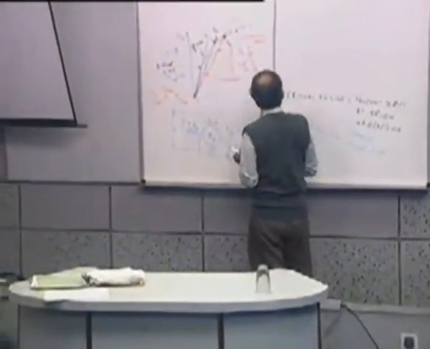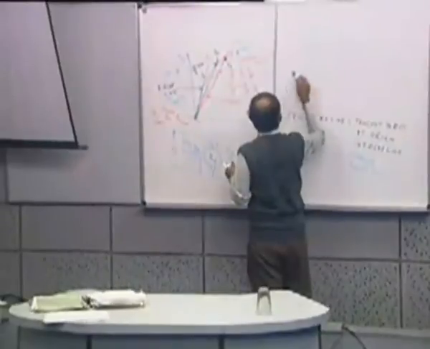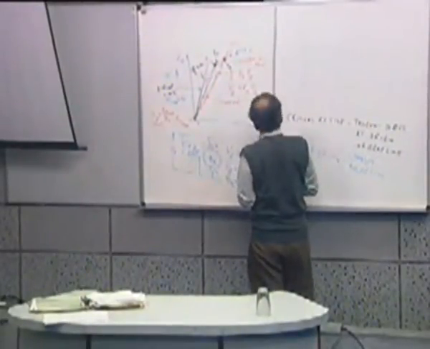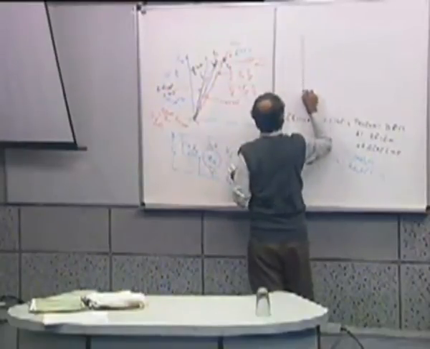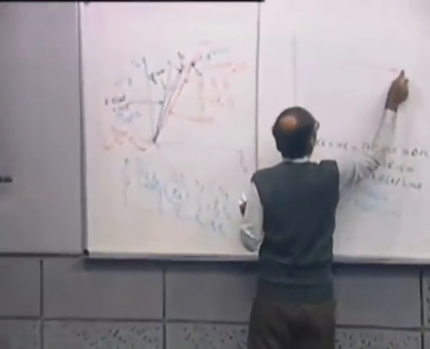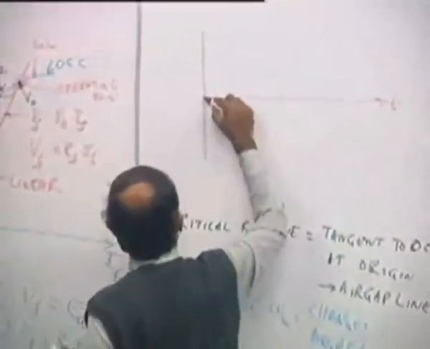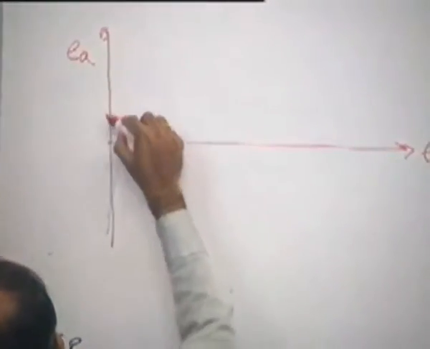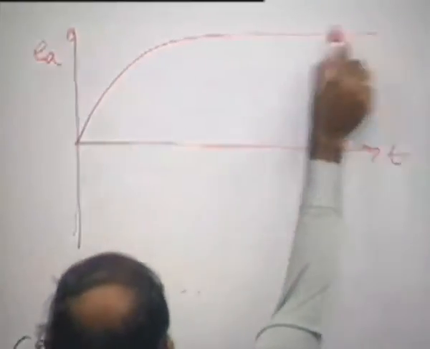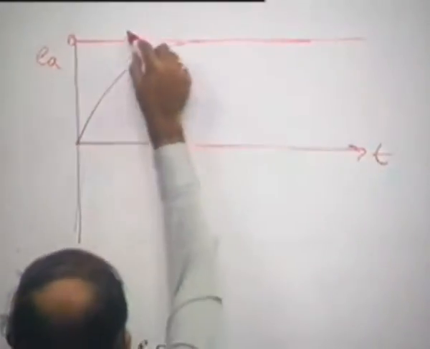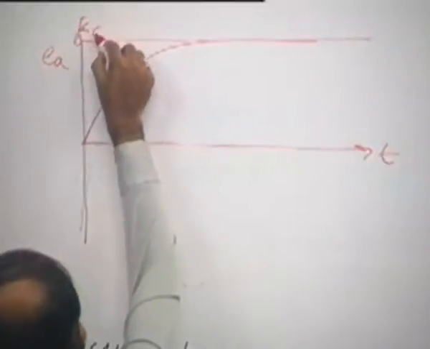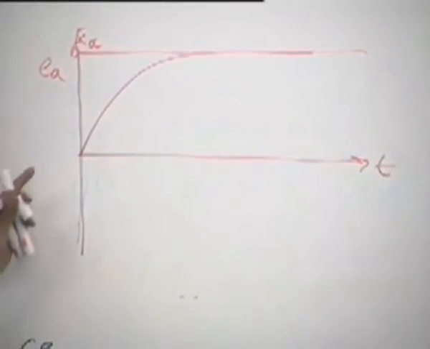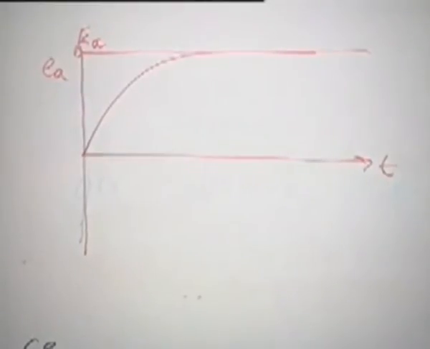So you will typically see that with time the induced voltage EA will rise like this and come to a steady value of EA at this point, over a period of time.